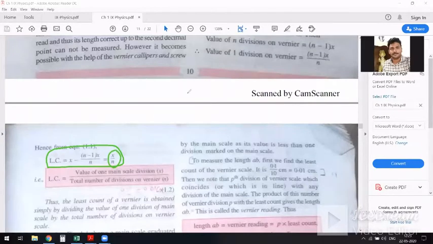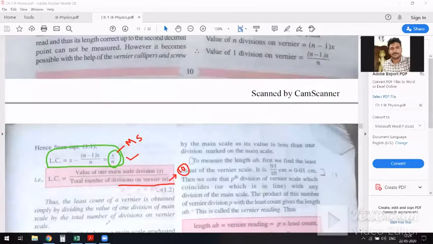Now what is x here? x stands for main scale, and n stands for the total number of divisions on Vernier, and the total number of divisions on Vernier is how much? It is 10.